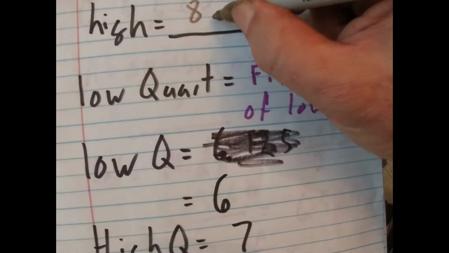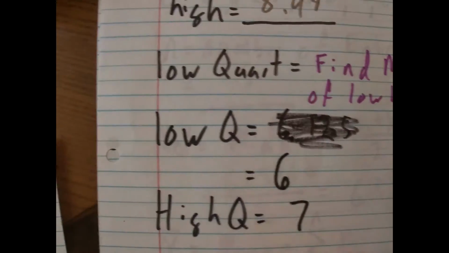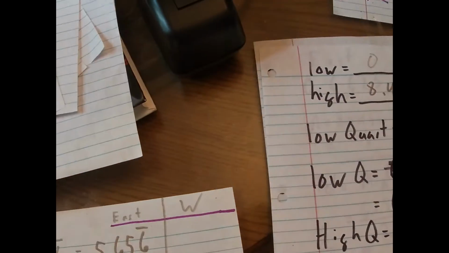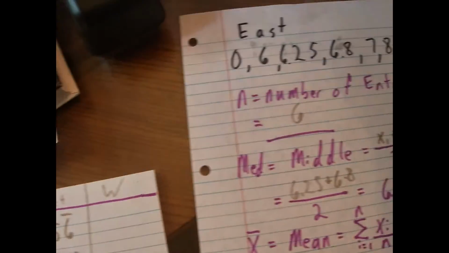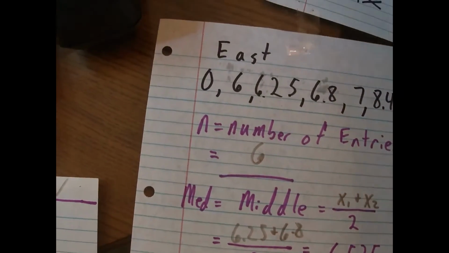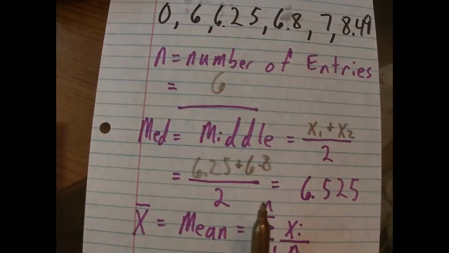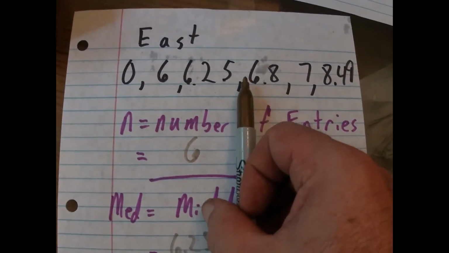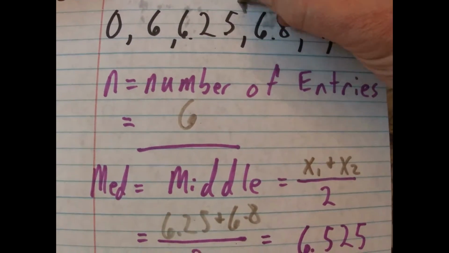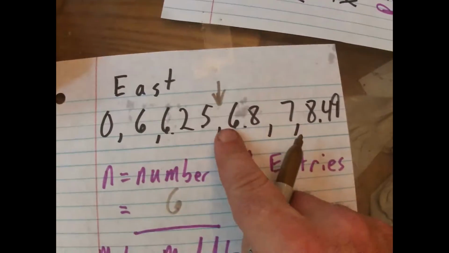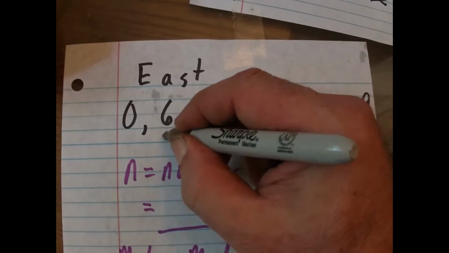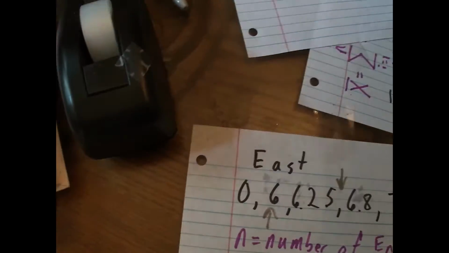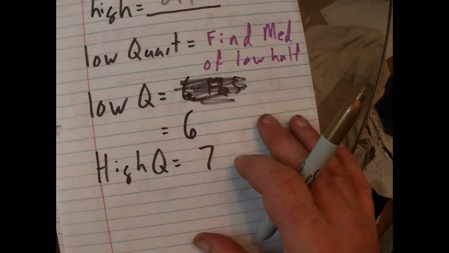8.49. Now, to find the lower quartile, you find the median of the lower half. Since our median was at 6.5, which is right here, this 6 is actually the median number of the lower half, and that's why I said the lower quartile was 6.